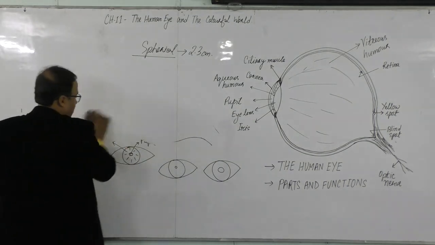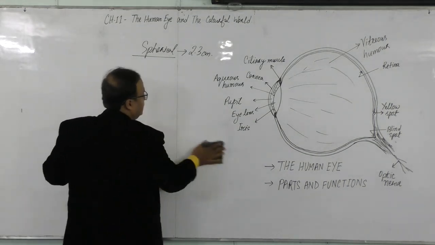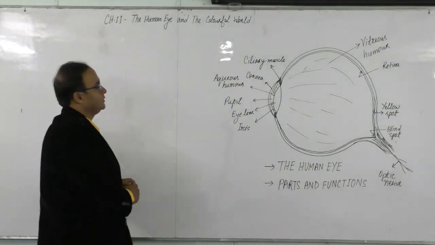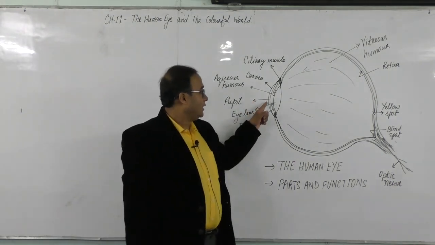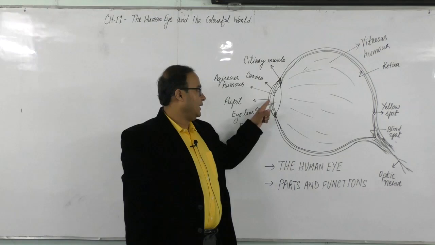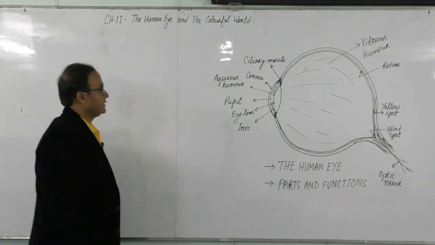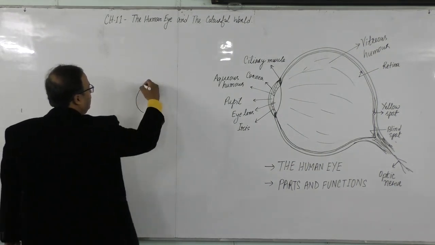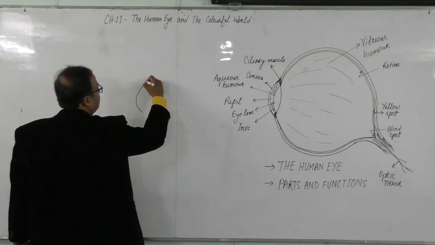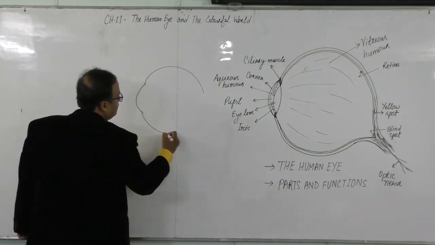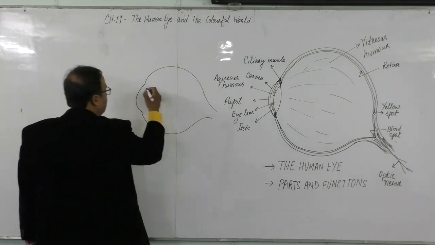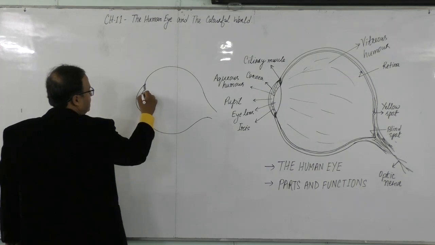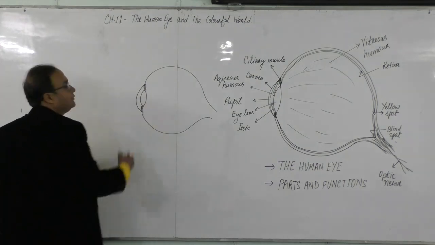So we have discussed the cornea, iris and pupil of the eye. Now if you look at the structure, this is the cornea. Here we discussed the iris, and behind that there is a convex lens. So if we look at the eyeball, behind the cornea, with the help of ciliary muscles, a convex lens is held in position.